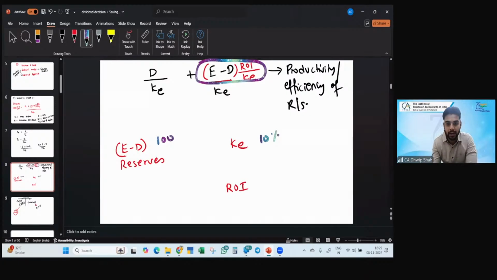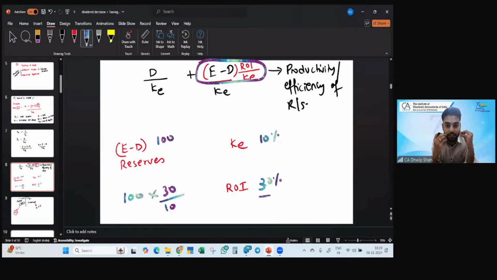ROI, if the company had invested, is 30%. So if this 100 was distributed as dividend, shareholders would have earned 10% somewhere else. Had the funds been kept with the company, it has the capacity to earn 30%. In other words, the company has the capacity to make 300 of this 100. Yes or no?